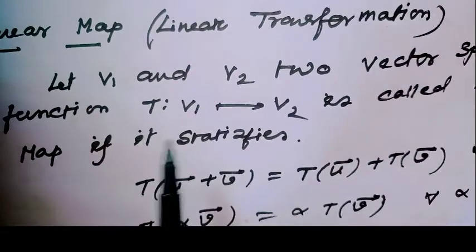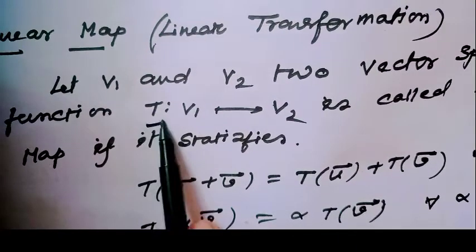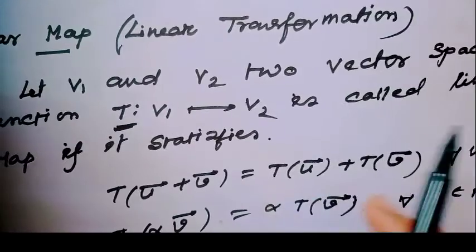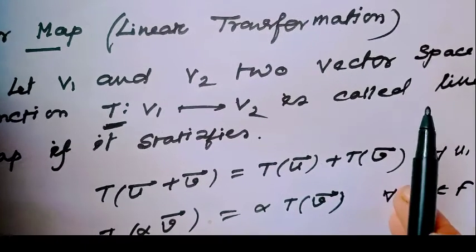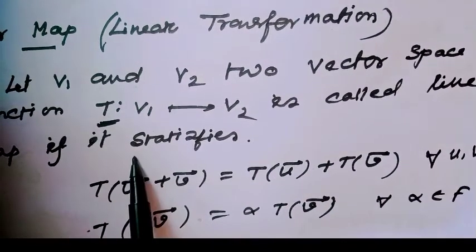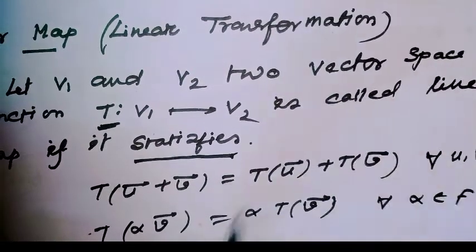Then a function T from V1 to V2 is called a linear map if it satisfies these two conditions.